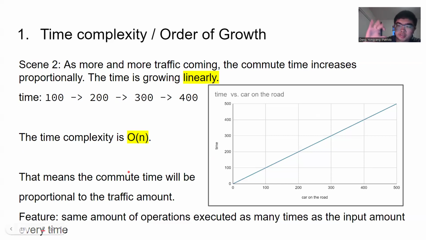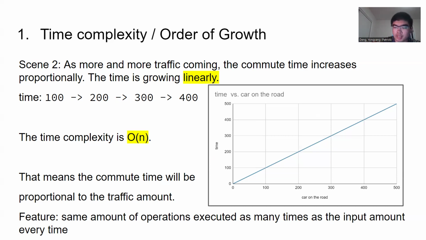It will grow linearly. This is the easiest order of growth. The commute time is proportional to the traffic amount, and the feature is the same amount of operations executed as many times as the input amount.